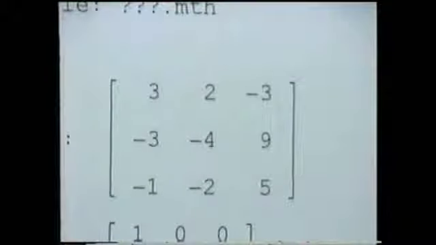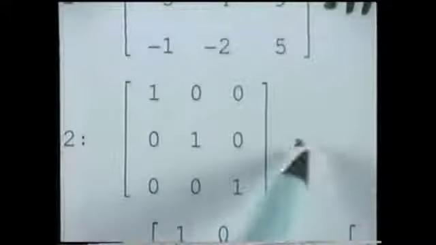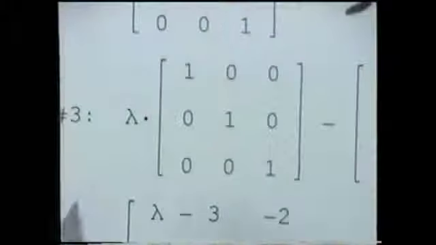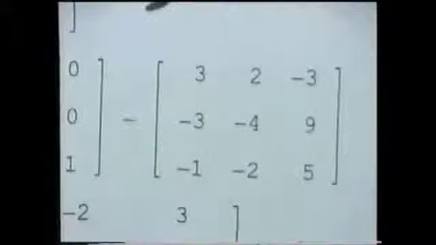This is A. Then I authored the identity matrix I. Then I did lambda I minus A. So this is lambda times I minus matrix A. And I said simplify.